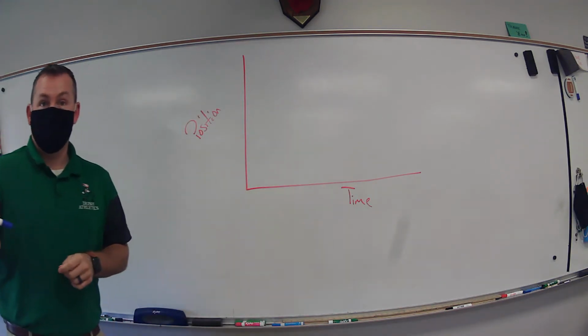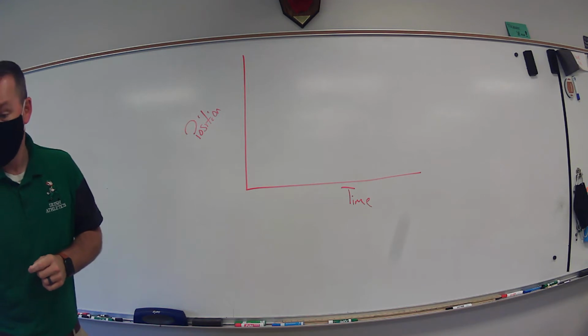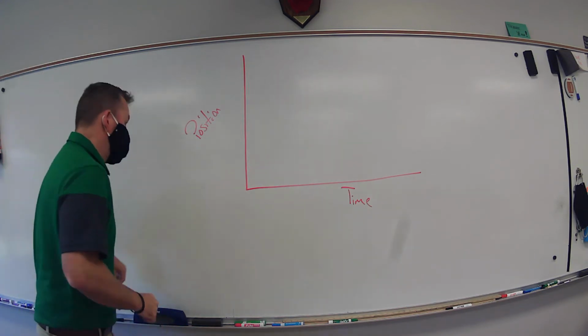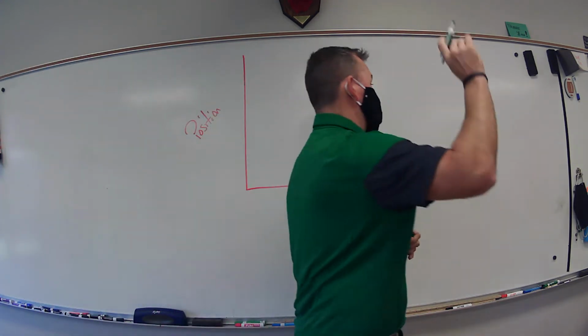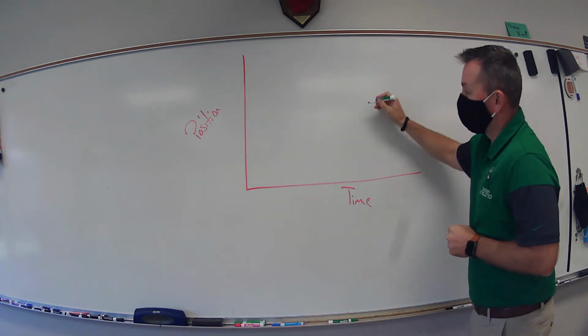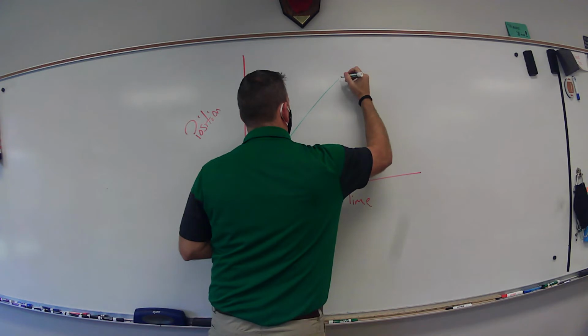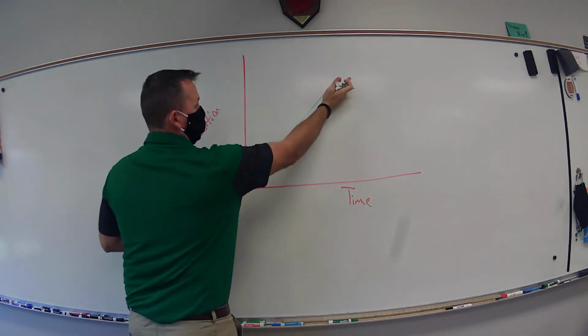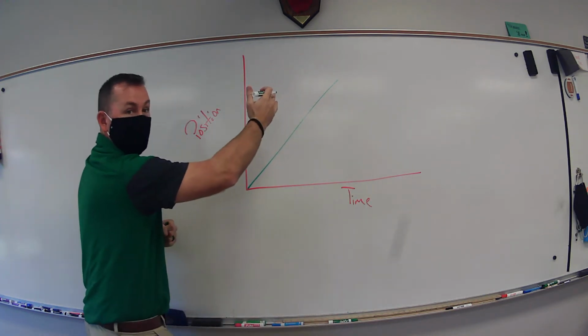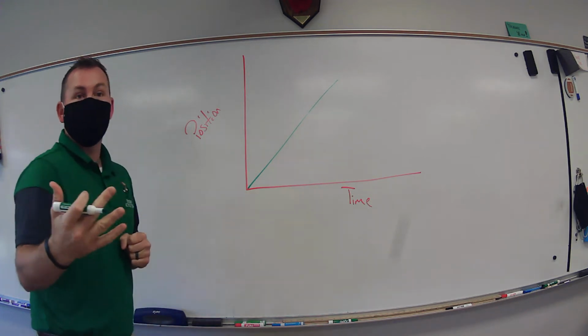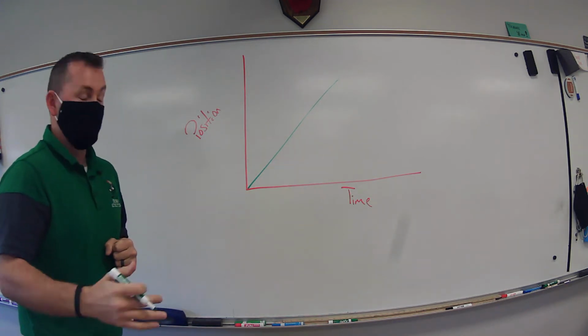Now, anytime on a position time graph it is going to be going up, for example, the line looks like this, okay? Do you see how the slope of the line is up? It's toward the positive. Anytime that happens, it's going to be going forward, no matter what.